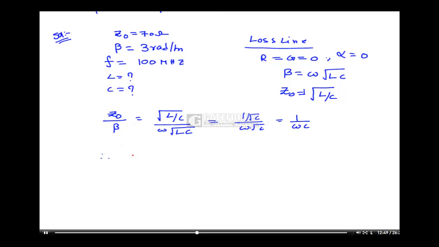Therefore, Z0 by beta is equal to 70 by 3. Omega is equal to 2 pi F. I want to know the capacitance value, C value.